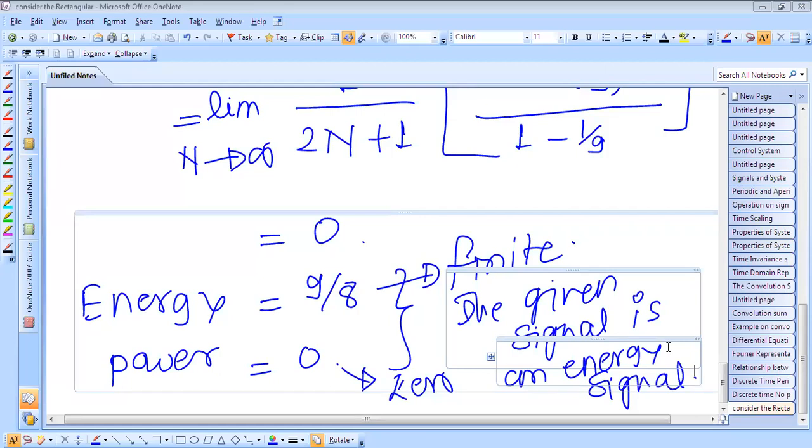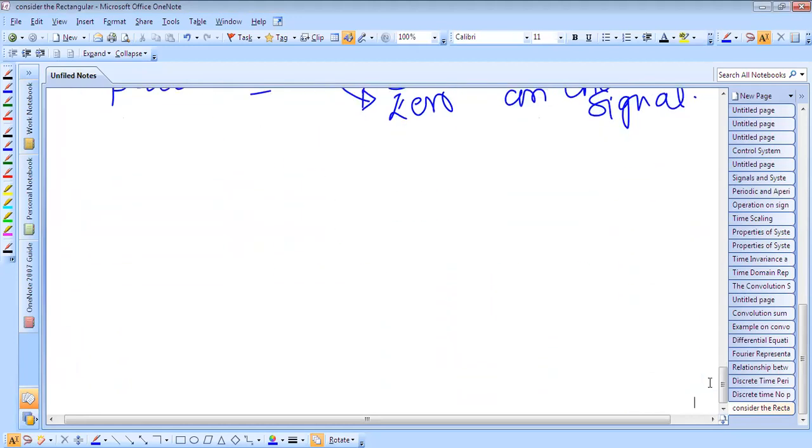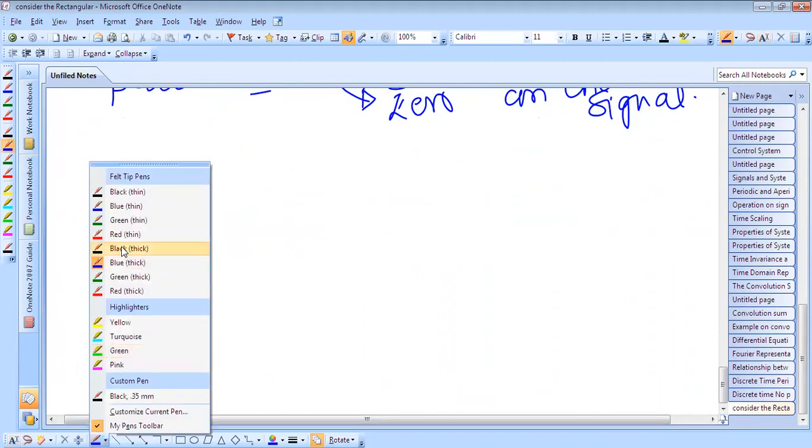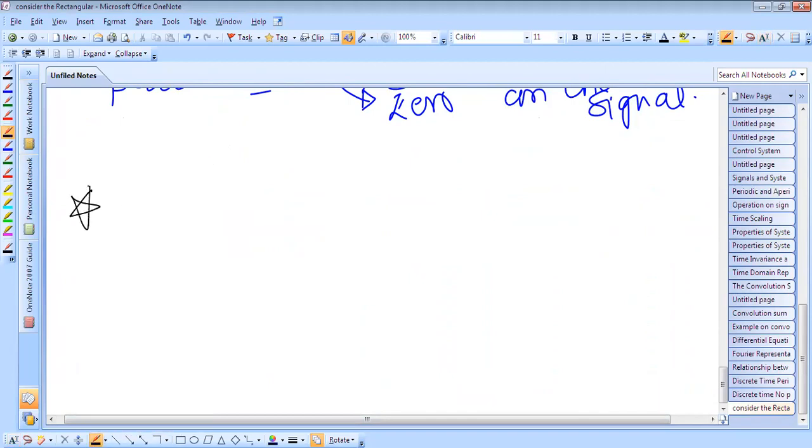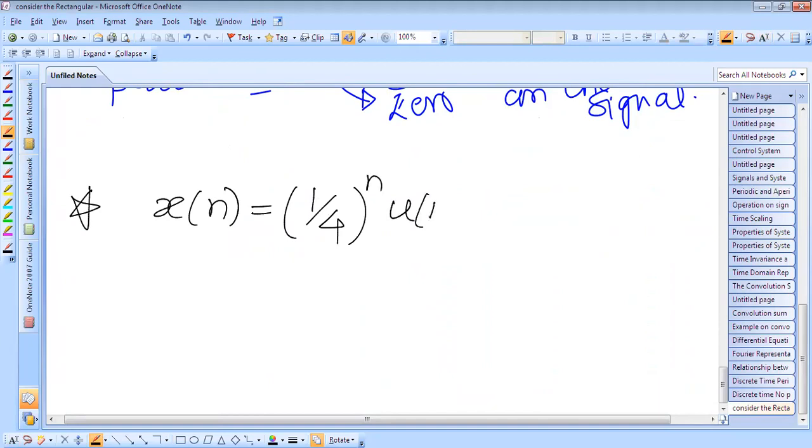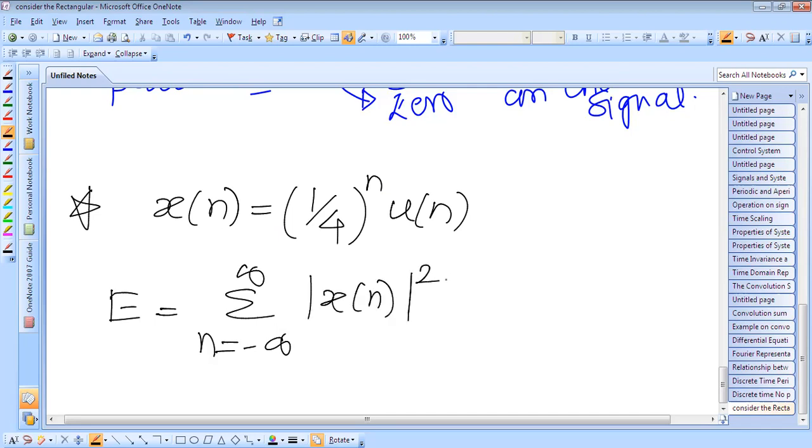So next, consider one more signal. X of n is equal to 1 by 4 raised to power n into unity function. Okay, so here again we have to consider the energy of the signal, which is summation n equal to minus infinity to infinity of x of n square.